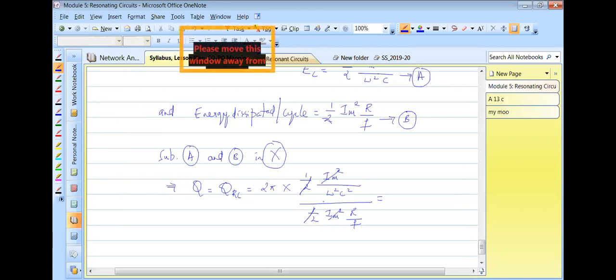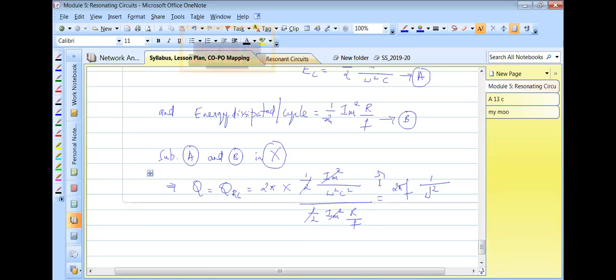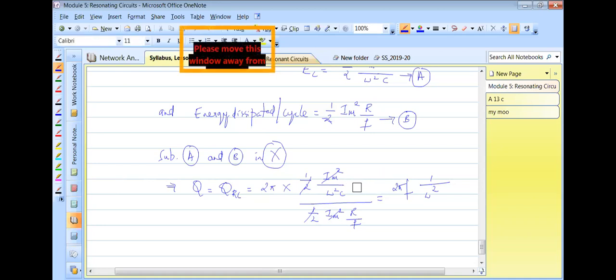Let's take this F to the numerator, so it becomes 2 pi F. After 2 pi F, what is left behind is 1 by omega squared C. It's not C squared actually; this is C, as in equation A. And you have this R here.